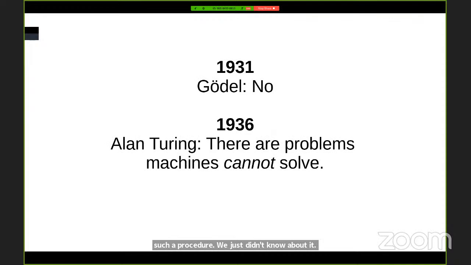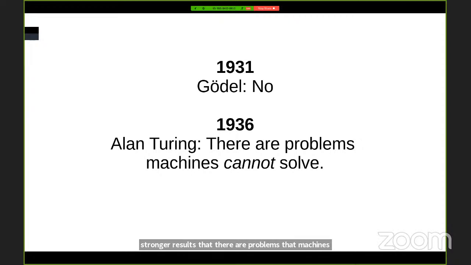Unfortunately for Hilbert, in 1931, the logician Gödel said no, there is no such procedure to automatically write proofs. So you have to, unfortunately, figure out a proof on your own every time. In 1936, Alan Turing, one of the earliest computer scientists, actually showed a stronger result, that there are problems that machines cannot solve.